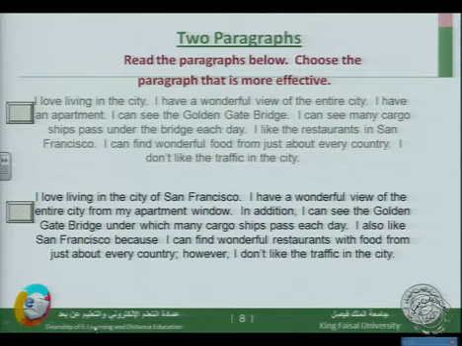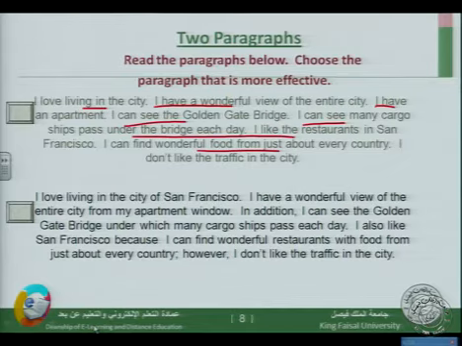Notice this paragraph. It has simple sentences, right? Subject, verb, complement. All of these sentences were simple. Why? Because each has only one structure: subject, verb, complement.